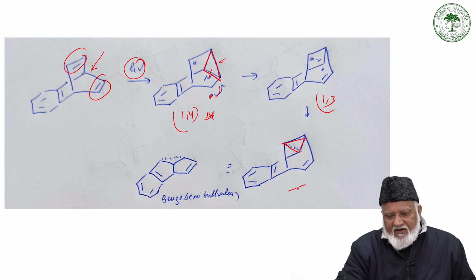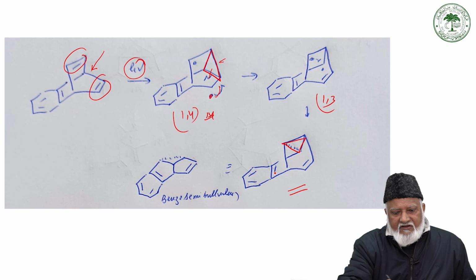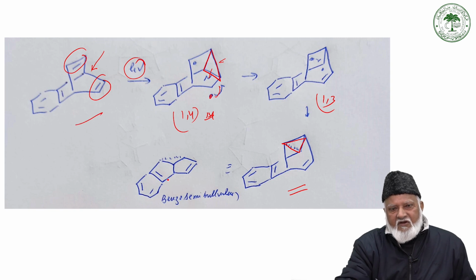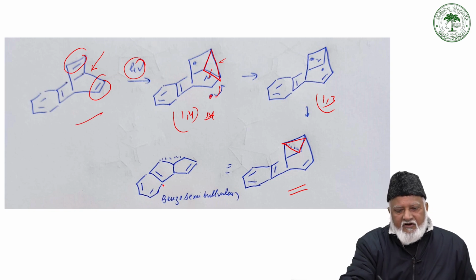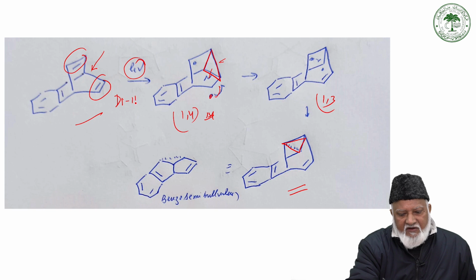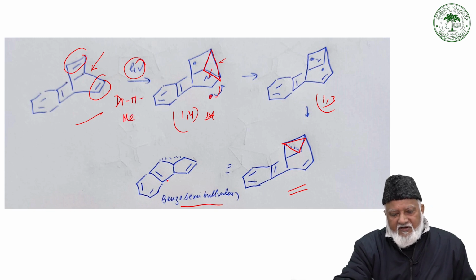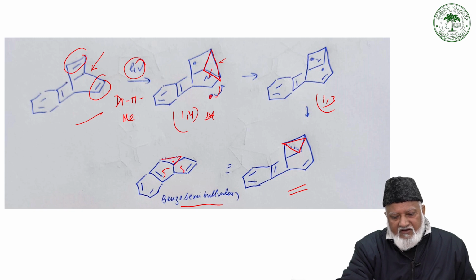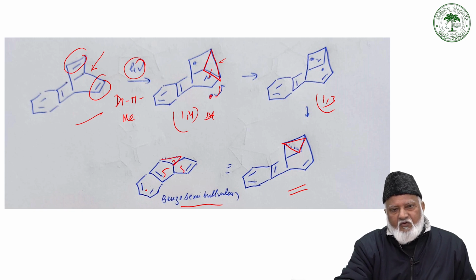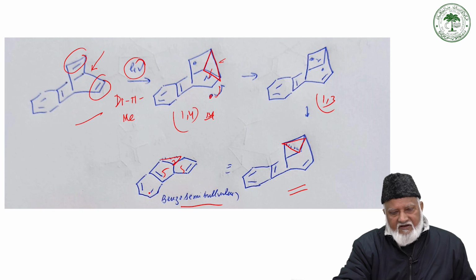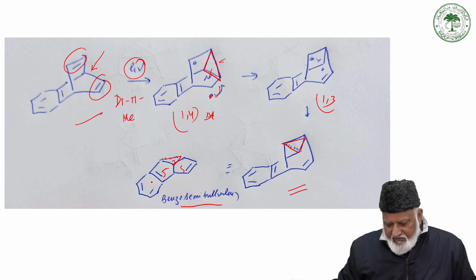So this benzobarrelene has also undergone di-pi-methane rearrangement to give you benzosemibullvalene, with the 1,2,5 bond separated by a three-membered ring, and of course the benzene ring is attached as it is.